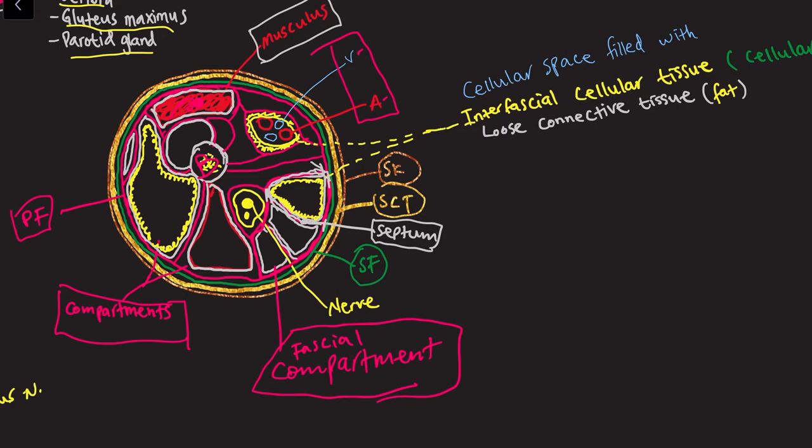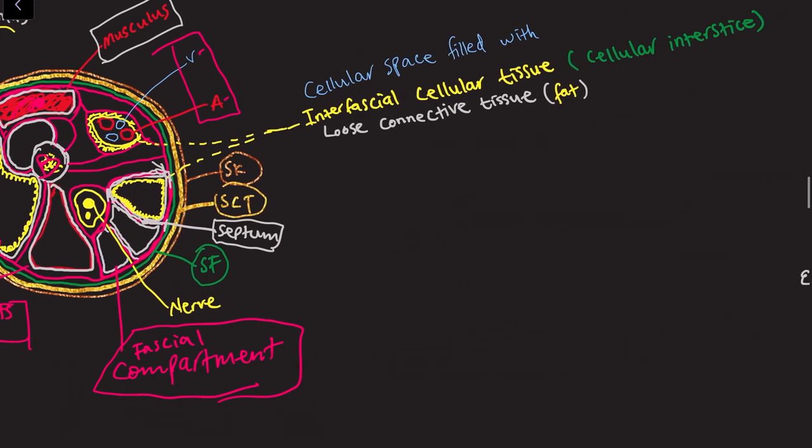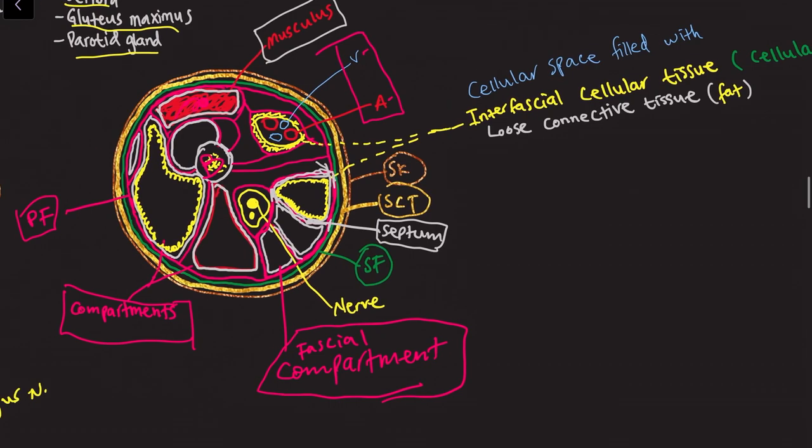Now look at this. The proper fascia divides into the deep and superficial lamina. Now these laminae are followed by another covering. For example, the covering of the muscles, right?